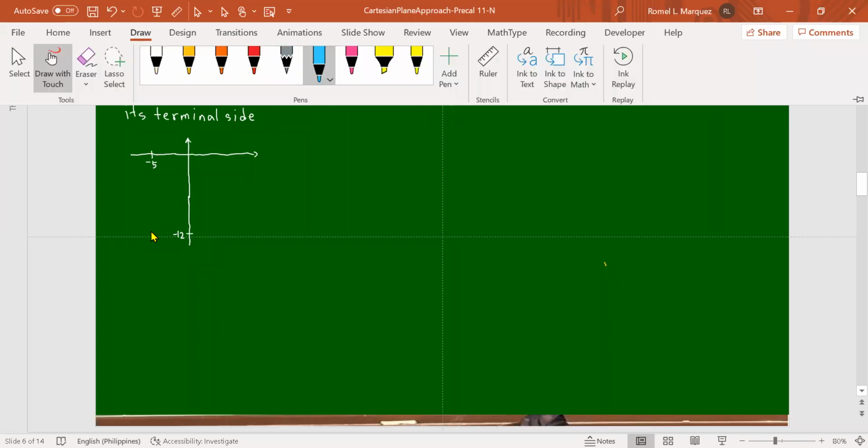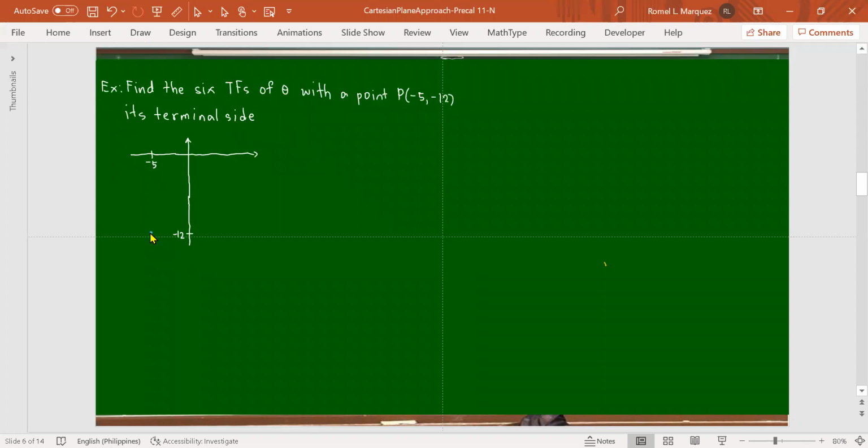Then we draw the angle passing through this point. This is the terminal point, negative 5, negative 12.